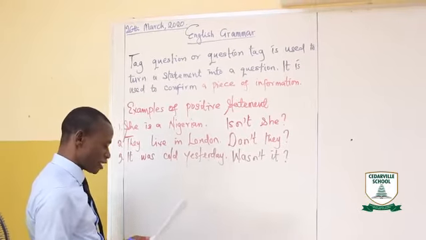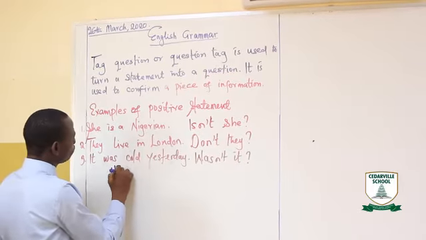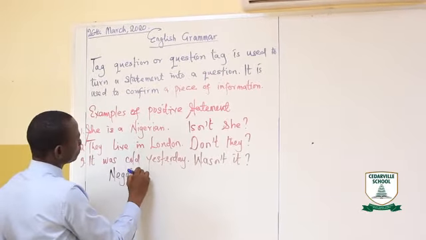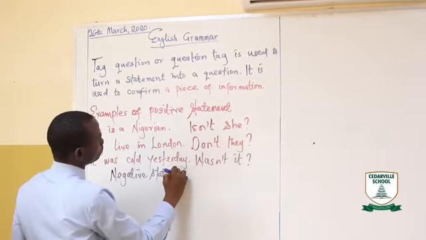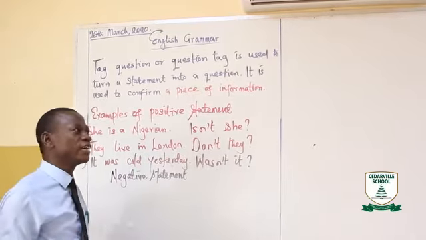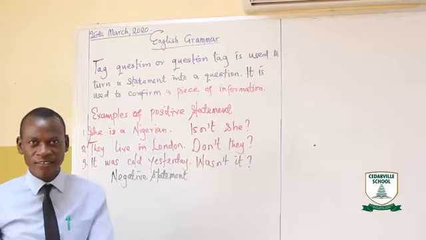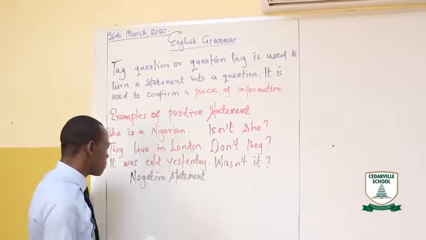Because of time, let's have examples of negative statements. Negative statement, don't forget, as I told you, will attract a positive question tag, or tag question, as the case may be.